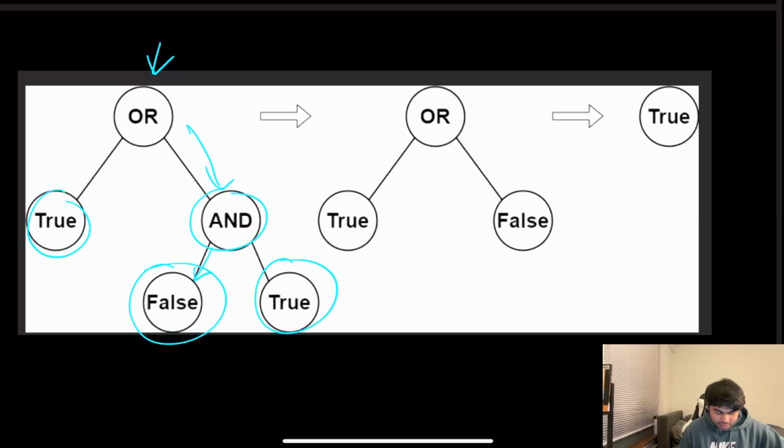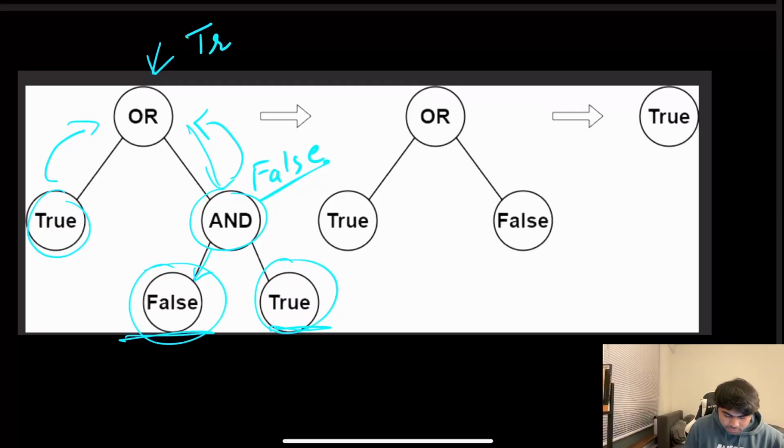An AND operation on false and true is false. And when it returns false from here and true from here, this is true OR false, so it returns true. And that's our answer here, right?